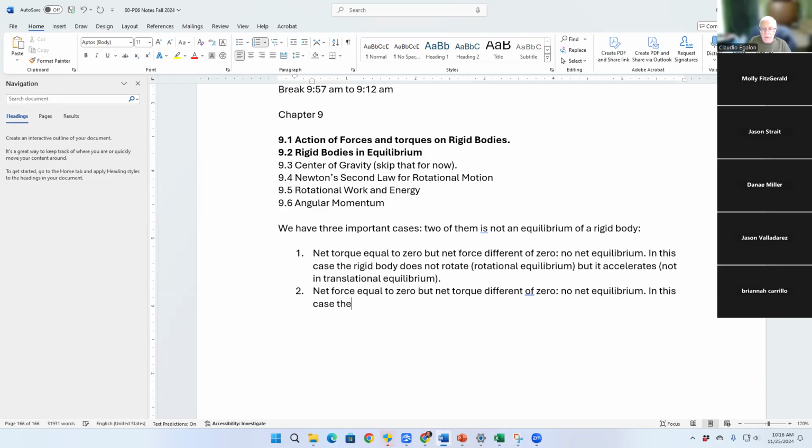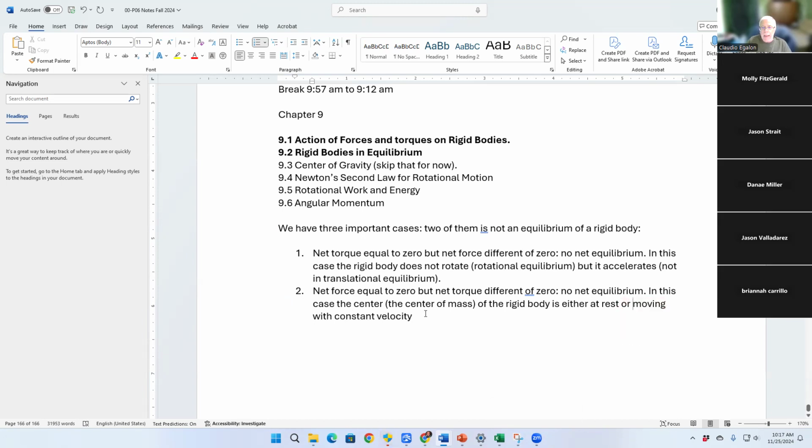In this case, the center of the rigid body, we also call it the center of mass, is either at rest or moving with constant velocity.